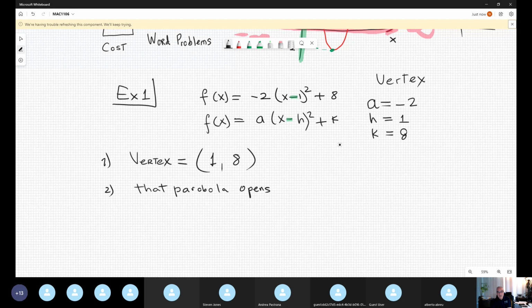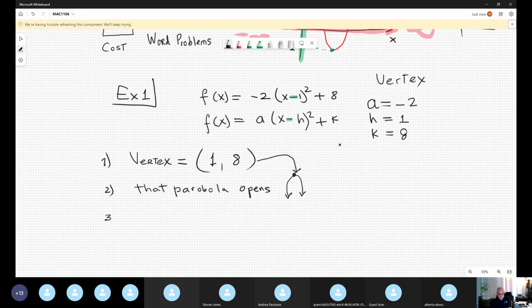What is the parameter that has the control? In what direction it opens? It is A. When A is negative, in what direction does it open? Downwards. So my parabola, schematically, I am doing that way. By the way, this point is this one.